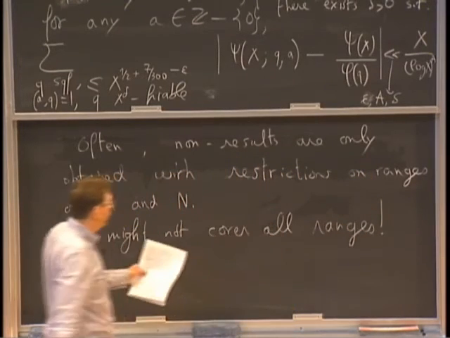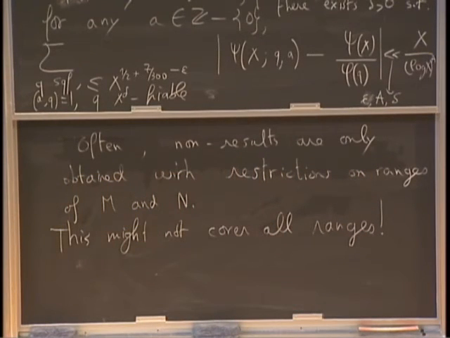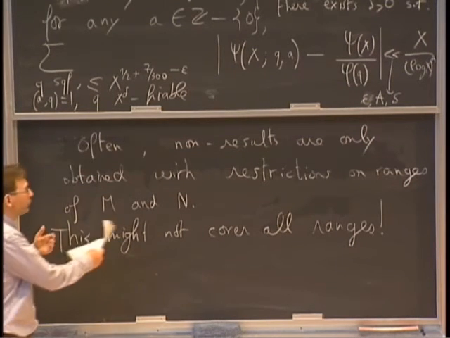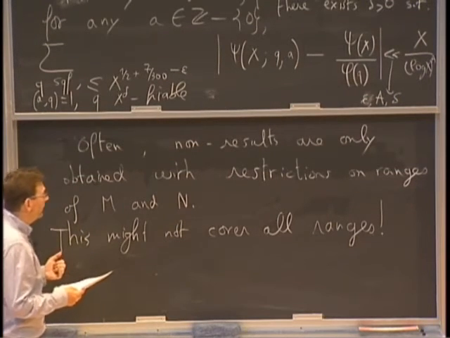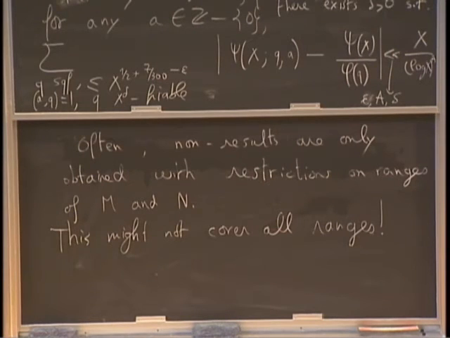Okay, so if you look at the old papers of Fouvry-Iwaniec and Bombieri-Friedlander-Iwaniec, typically they use just bilinear decompositions. They estimate them in many different ways with 3 or 4 or 5 different treatments, which are non-trivial in different ranges, exploiting the flexibility of the Heath-Brown identity that I will describe in a few minutes. And then the final step is some combinatorial things where you have to show that whatever ranges of the bilinear forms you have can be put into one of these non-trivial estimates.